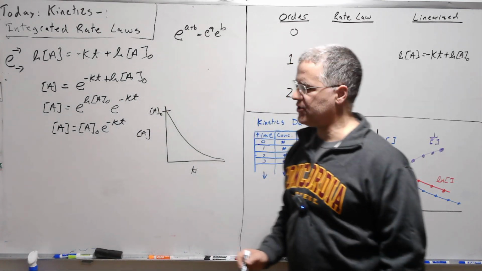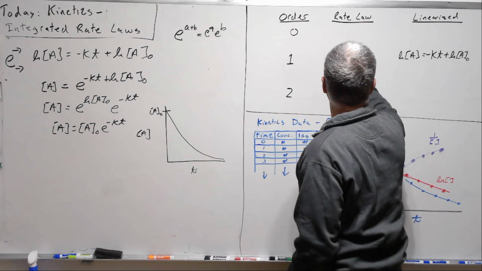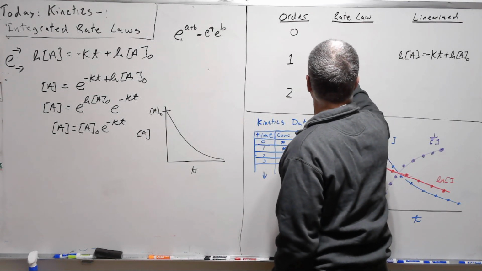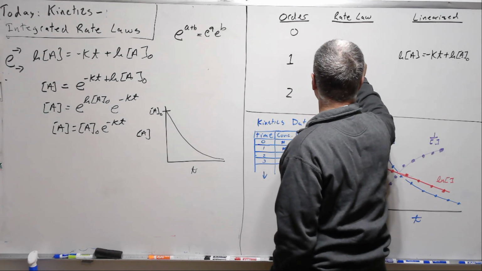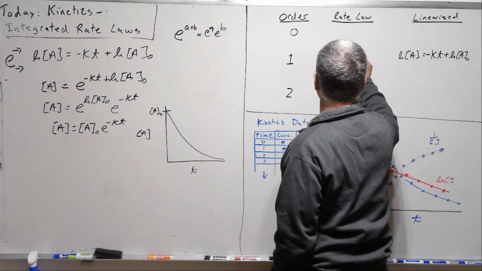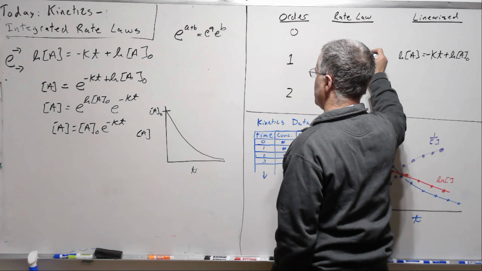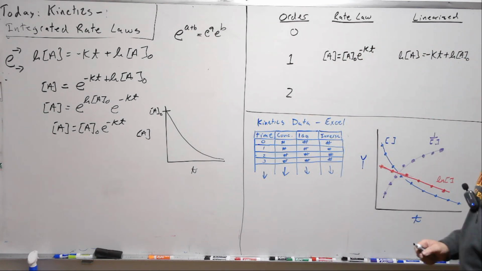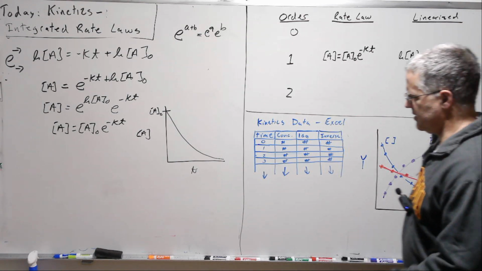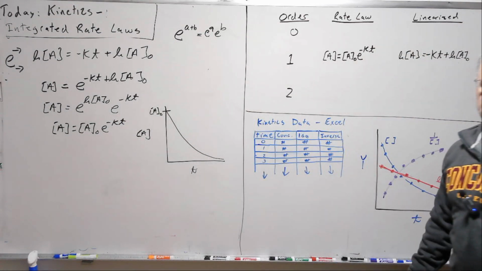We get an exponential decay. So let's write this in here as our rate law. We have an exponential form for that rate law. Okay. Right, so that's first order.